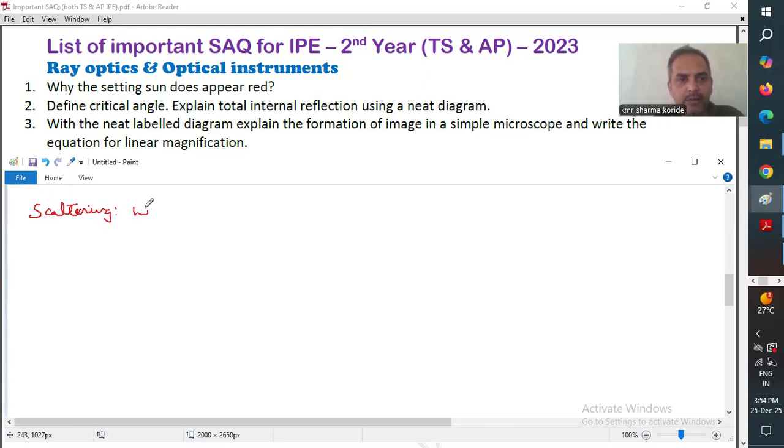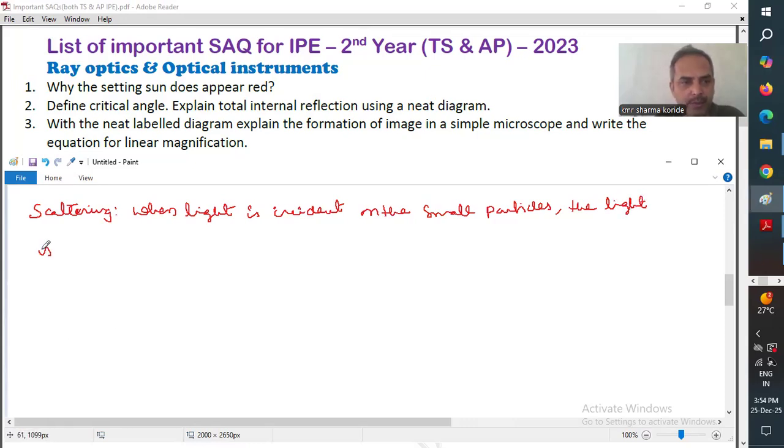Scattering definition: when light is incident on the small particles in the atmosphere, say water drops, the light is absorbed by them and spread in all directions.